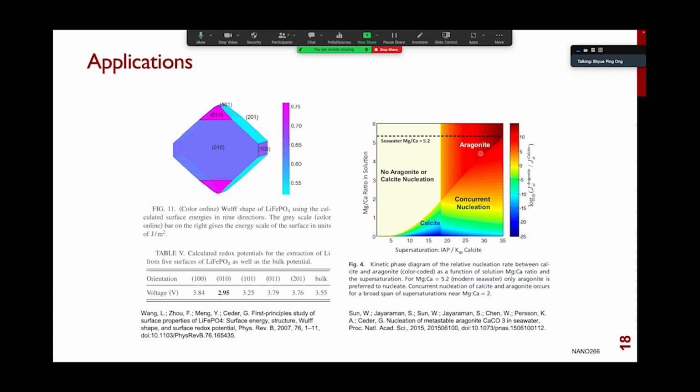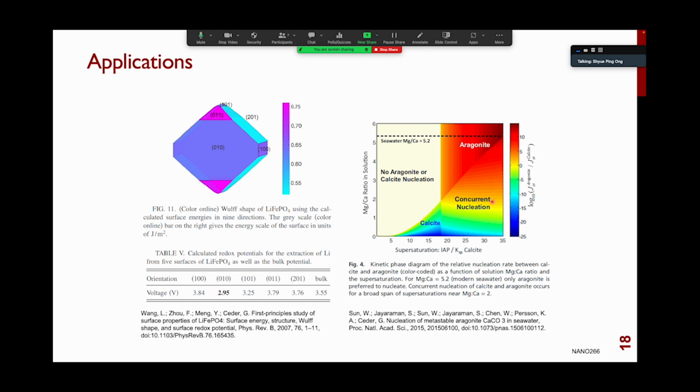Nevertheless, there is another form of calcium carbonate called aragonite that you also frequently find in nature, right? And the strange thing is that if you calculate the bulk energy of both crystal structures, you will find that aragonite is higher in energy than calcite, right? So in other words, you really should expect to find calcite much more frequently than you will find aragonite, right?